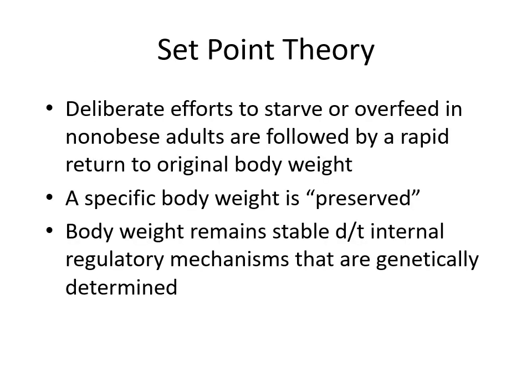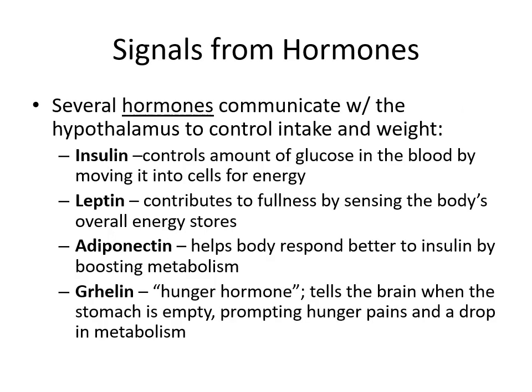Some of you might be familiar with the set point theory. We believe this explains that deliberate efforts to starve or overfeed in a non-obese adult are followed by a rapid return to the original body weight. So a specific body weight, in essence, is preserved, and that body weight remains stable due to internal regulatory mechanisms that are genetically determined.